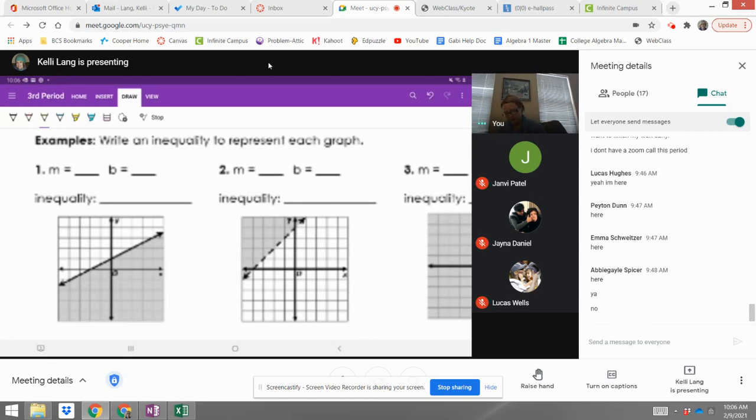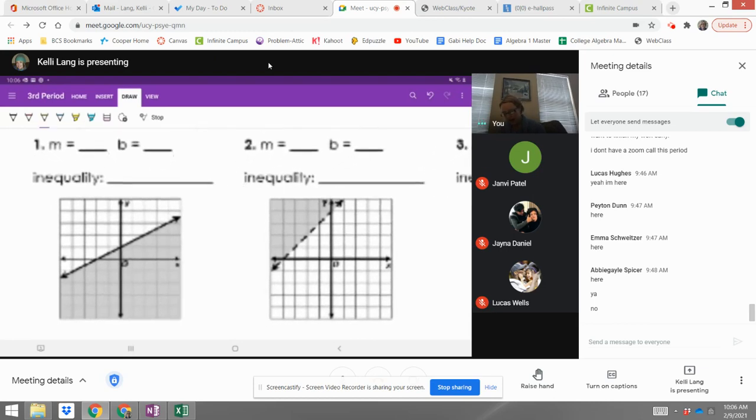Starting with the first one. Let's identify the m and the b of the boundary line. Now, I think this one goes through +1. That's our y-intercept, so b is 1. And then let me find another good point. It looks like we go through this point here.